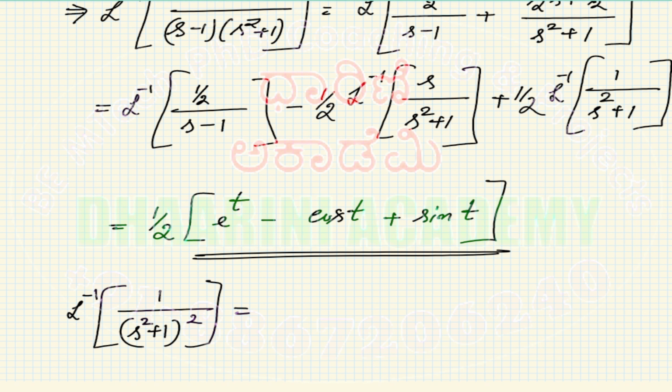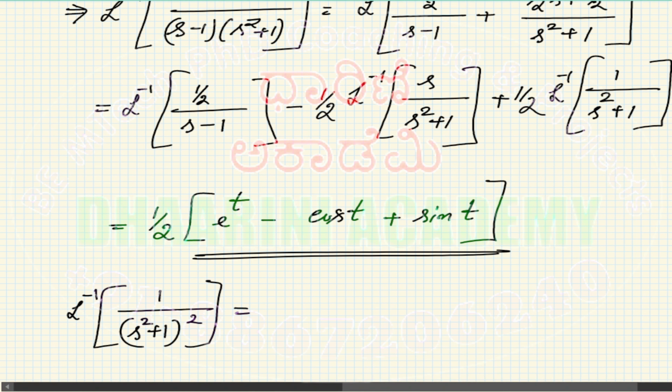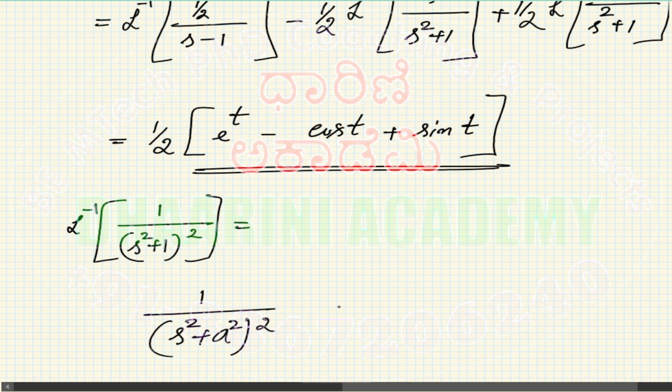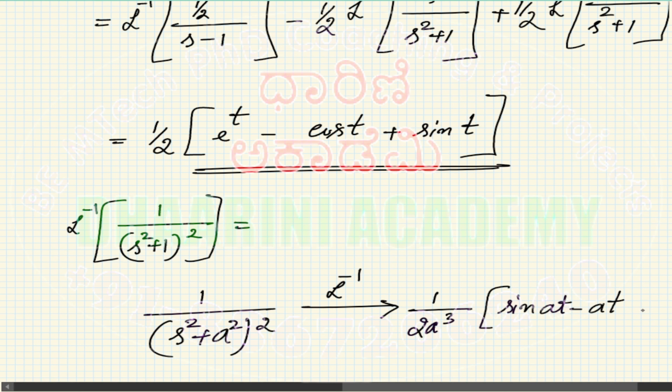I'll write the formula first. So this is the standard formula: 1 by (s square plus a square) the whole square. If you have something like this, its Laplace inverse is 1 over 2 times a cube, into sine at minus at into cos at.